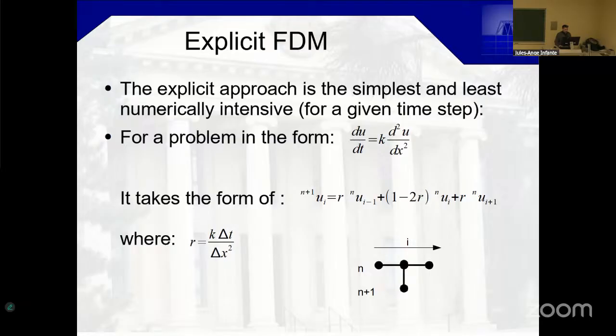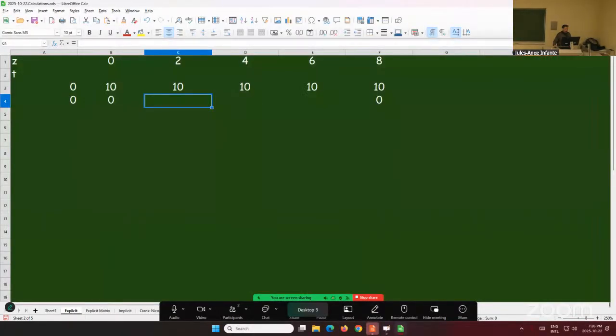Okay, so you will use 0, 2, 4, 6, 8. Those are the nodes. Yes, this is the thickness, 8 meters, but we have to work on nodes.